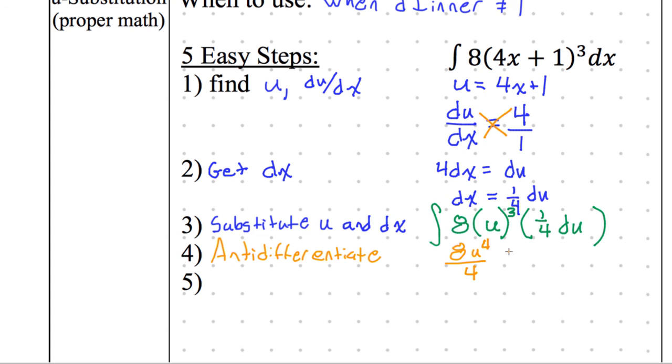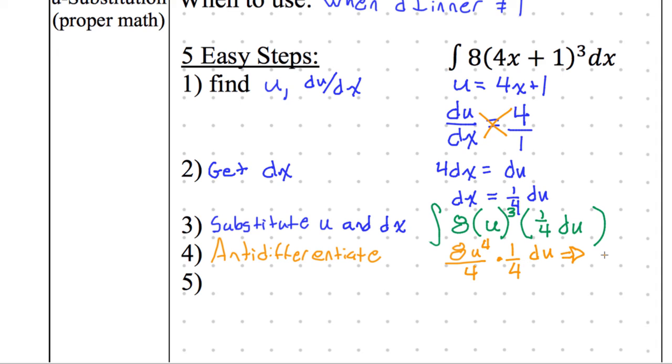And I still have this times 1/4 du. And that can be simplified a little bit. If I simplify this, that turns into what?